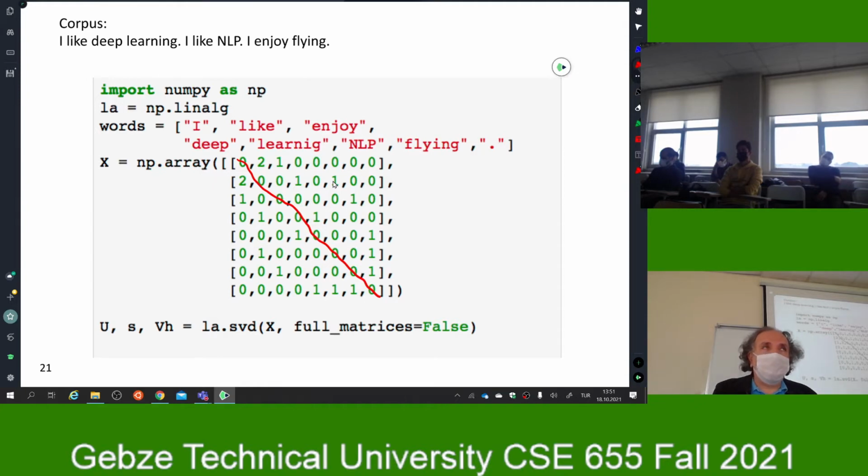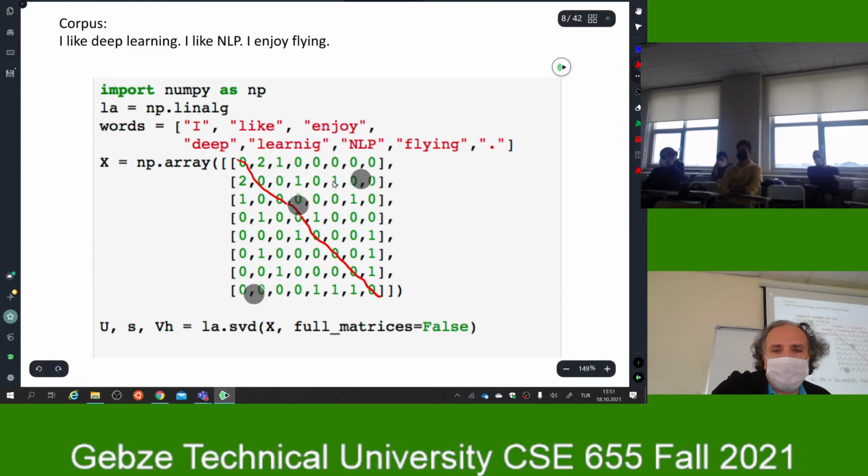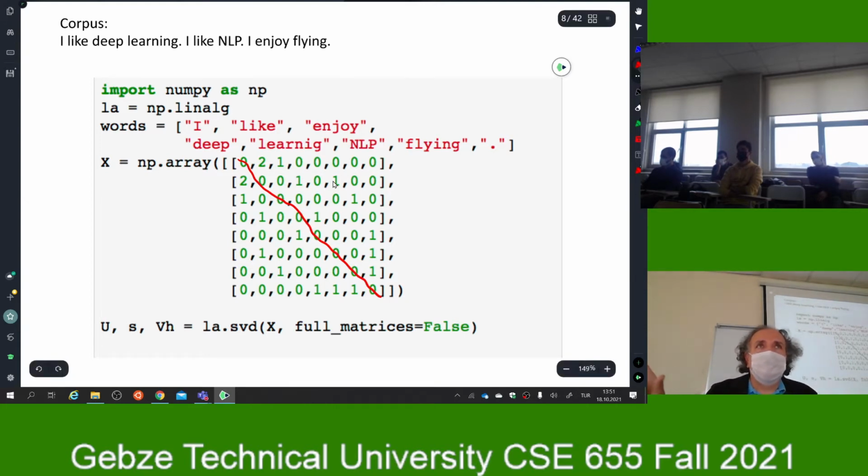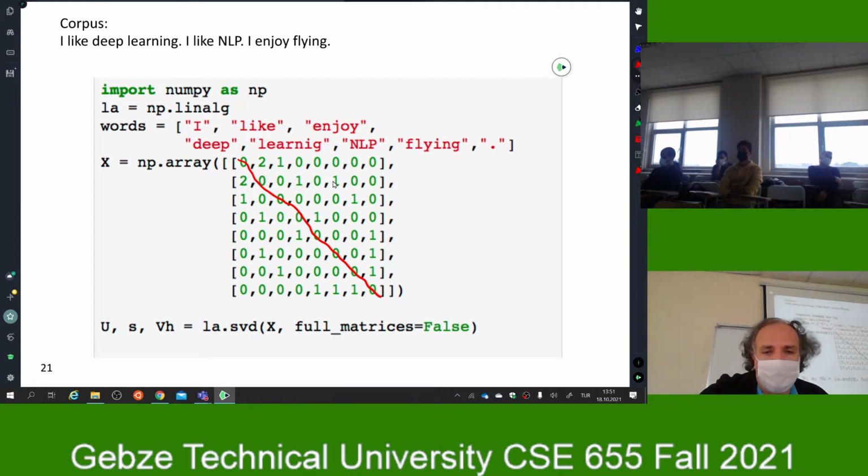And if I keep only two dimensions, how many dimensions are there here? This is 1, 2, 3, 7, 8, right? 6, 7, 8. Yeah, 8 by 8 dimensional world. If I do this singular value decomposition again, 8 dimensions. But if I ignore the last 6 dimensions of this U matrix, I wouldn't lose that much information. That's what I am saying according to theory.